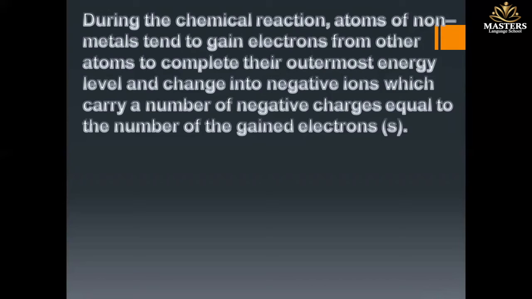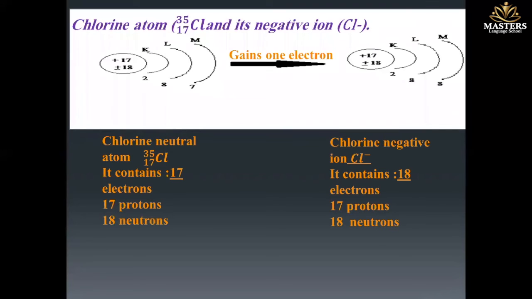and change into negative ions, which carry a number of negative charges equal to the number of the gained electrons. For example, chlorine. Chlorine atom contains 17 electrons, 17 protons, and 18 neutrons.